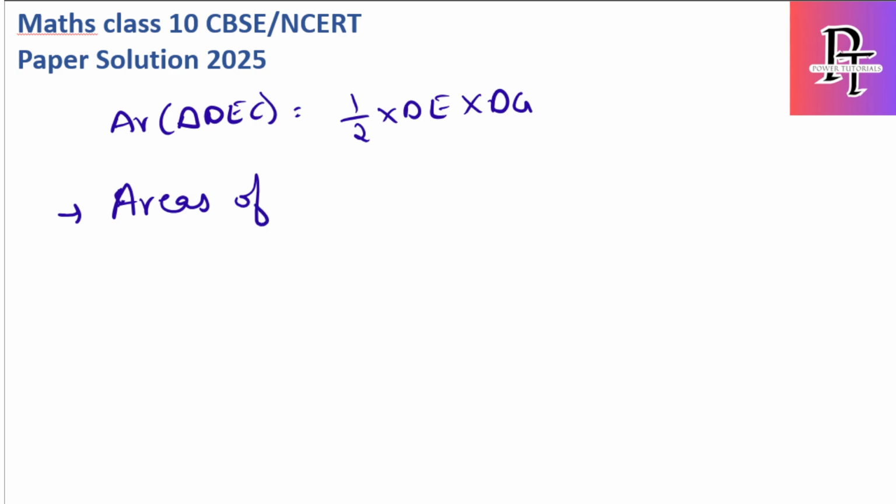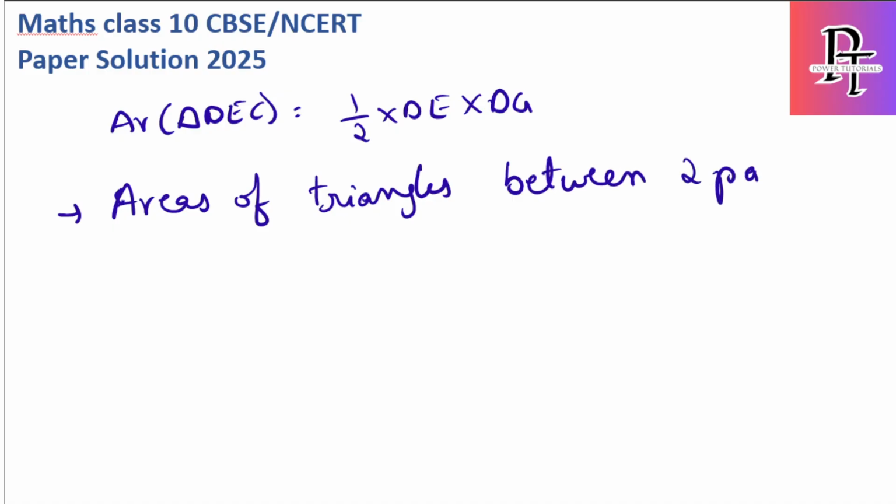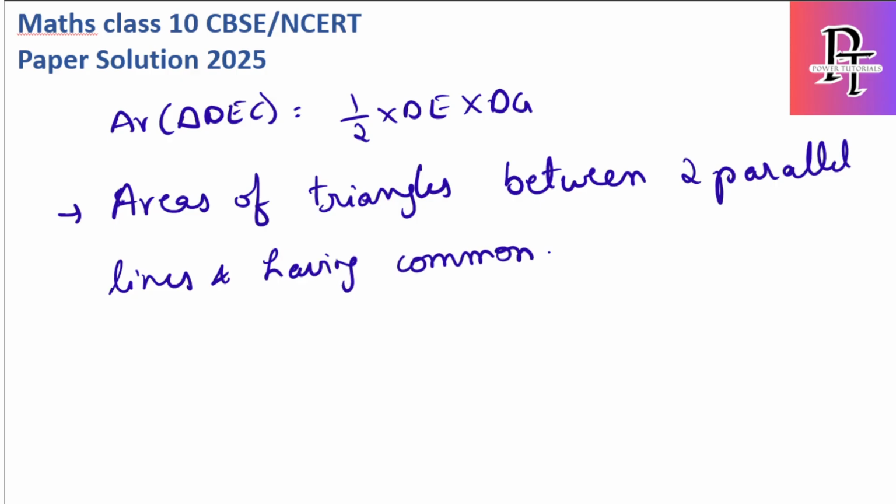Okay, now we have one line to write here. Areas of triangles between two parallel lines and having a common side are equal.